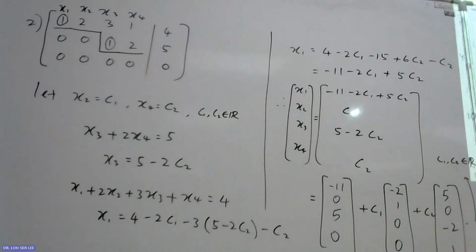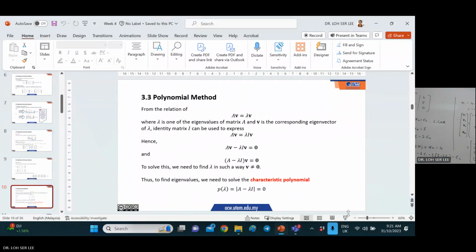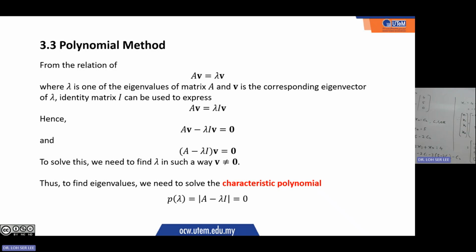Anyone? Yes, 1 or 2. Okay. Any more questions for number 2?